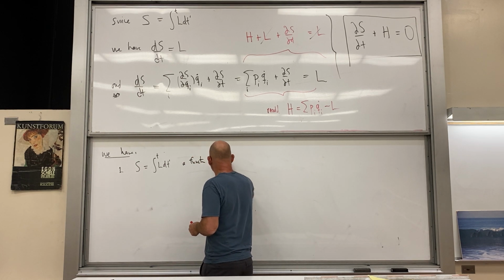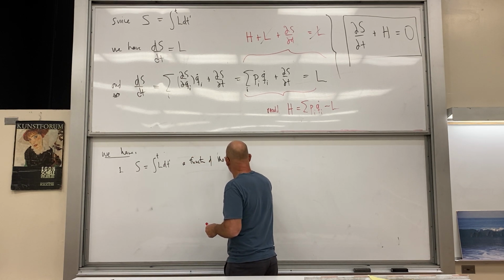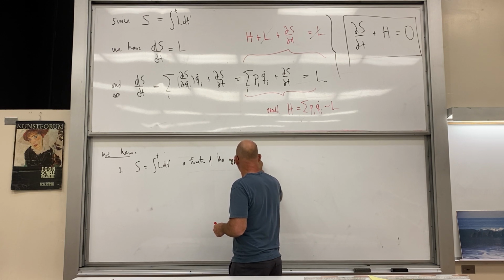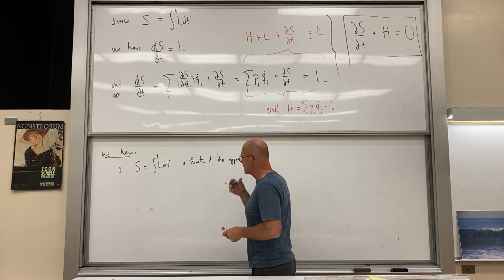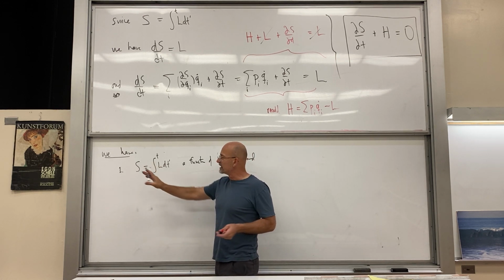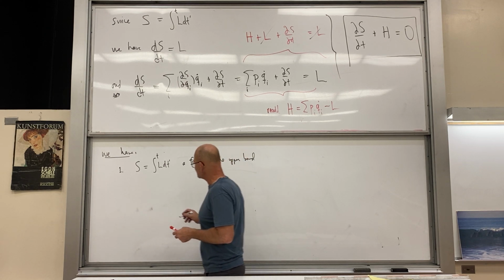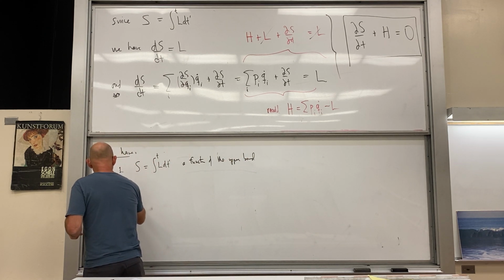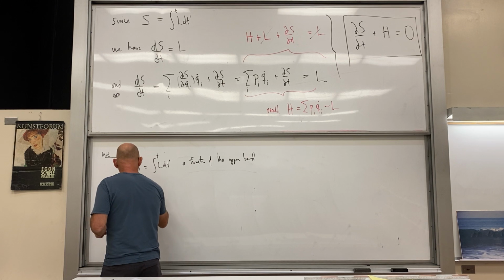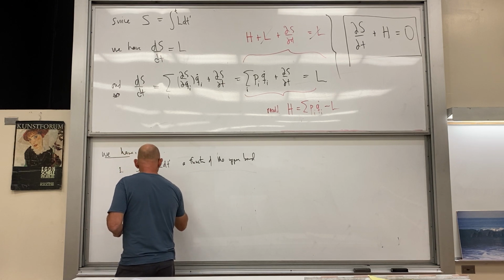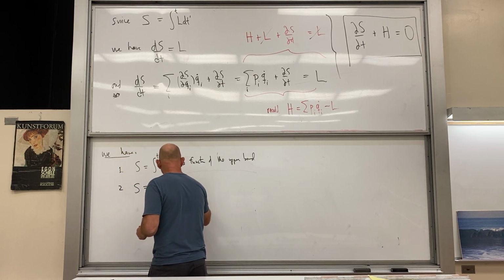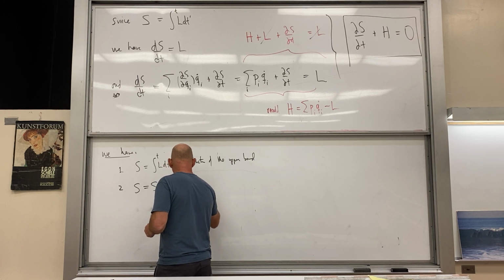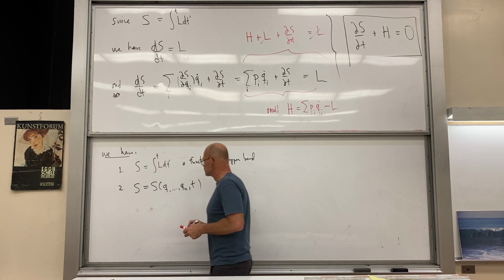A function of the upper bound, no longer just some object to be minimized. So S in that sense is a function of the coordinates, q1 to qn, and the time.